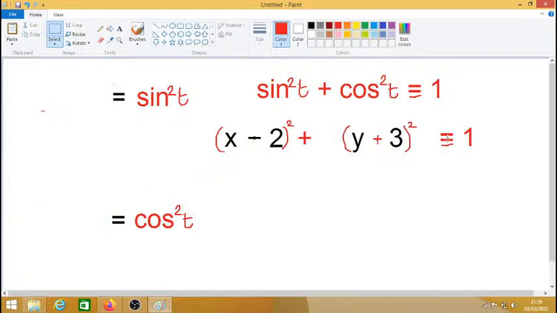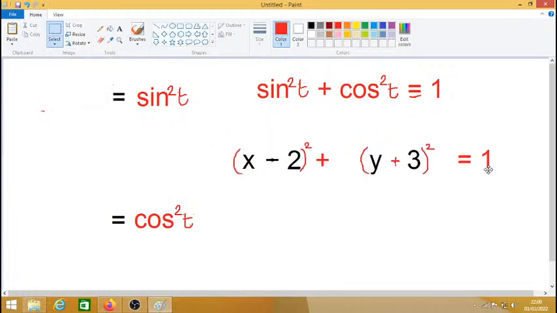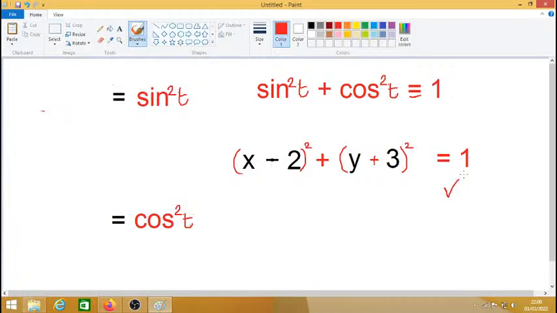And then the identity can be just replaced with the normal equal sign. Okay, and there's your final Cartesian equation. It's just got x's and y's in. It doesn't have any t's or any other variable. And it reads x minus 2 in brackets squared plus y plus 3 in brackets squared is equal to 1. And that's where you can stop.